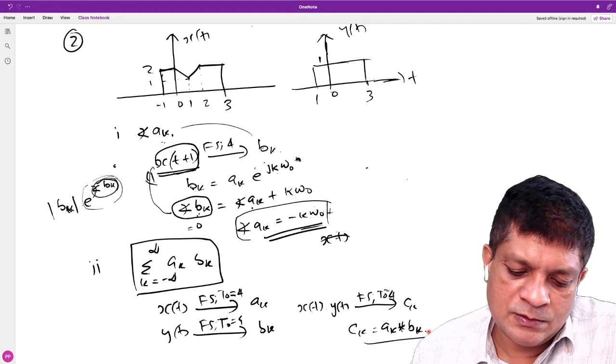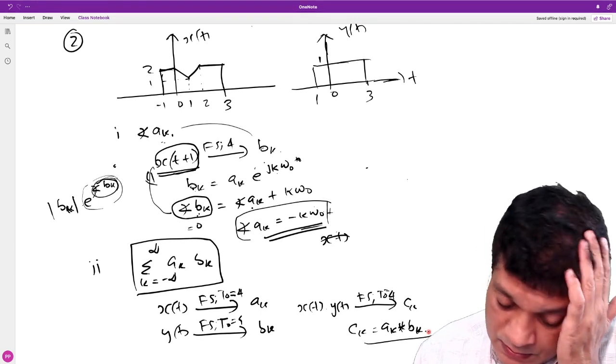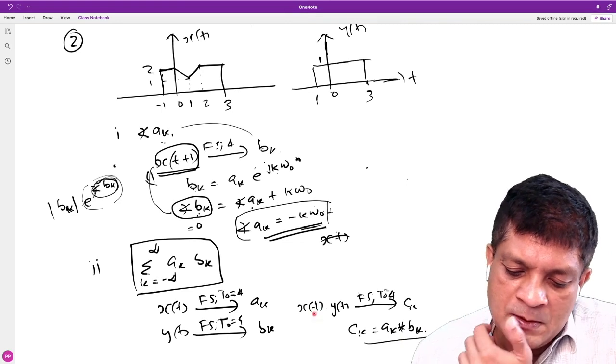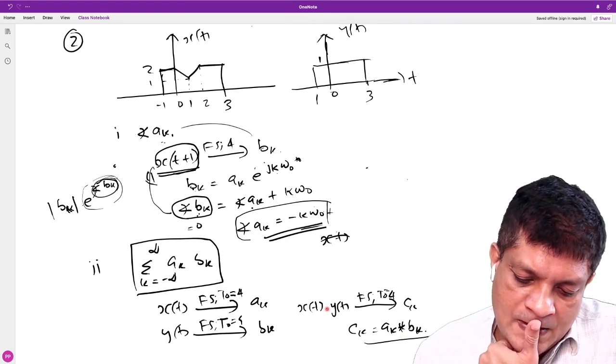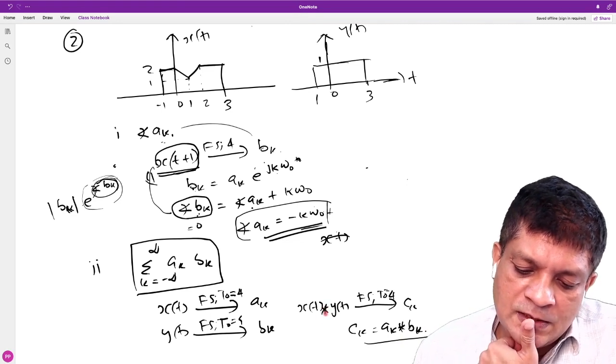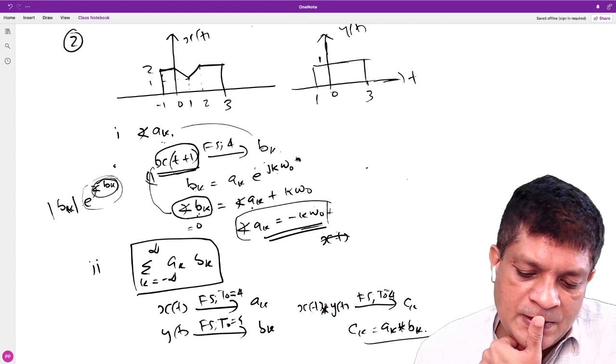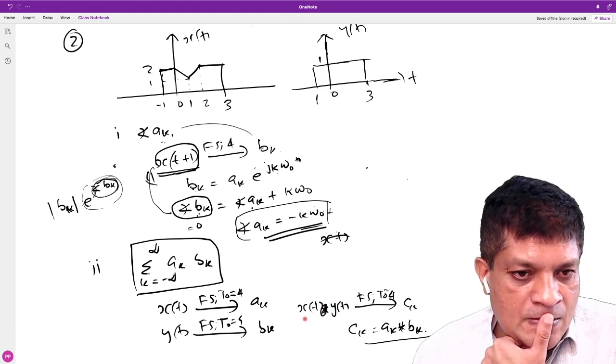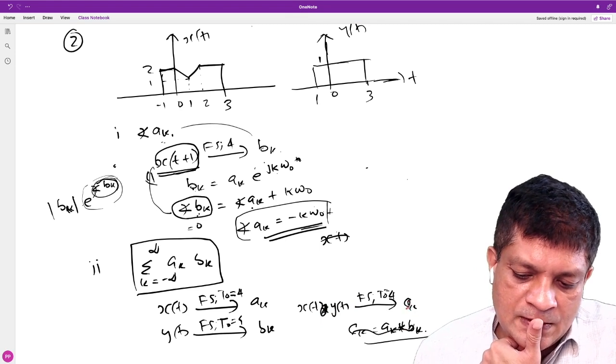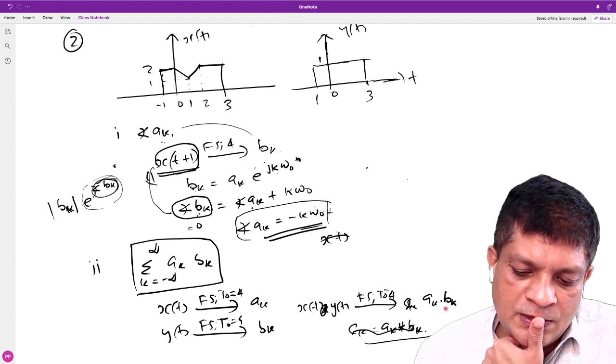Oh, sorry, it is not the convolution property. For x(t) convolution y(t), periodic convolution, it is ak into bk. It is not just ak into bk.